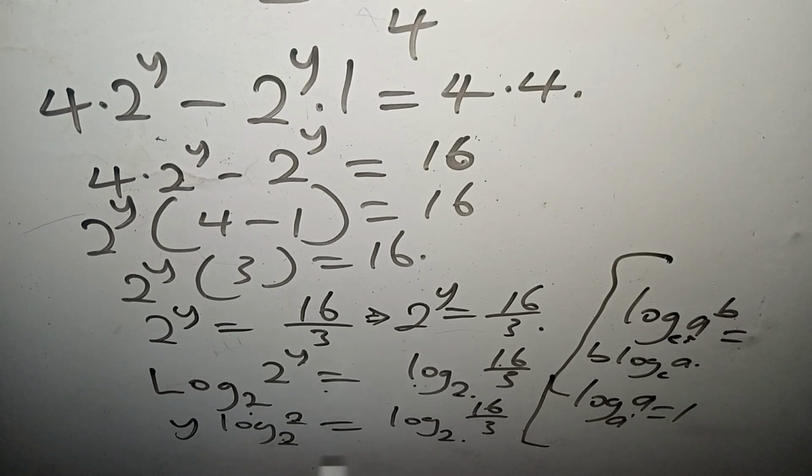So at this junction, this and this will give us 1. So we have y multiplied by 1 is equal to log 16 over 3 to base 2, which implies your y is equal to log 16 over 3 to base 2.